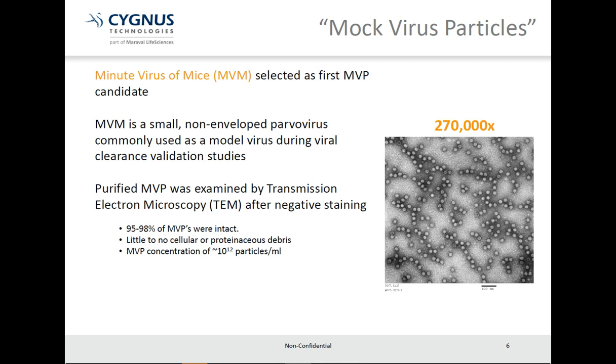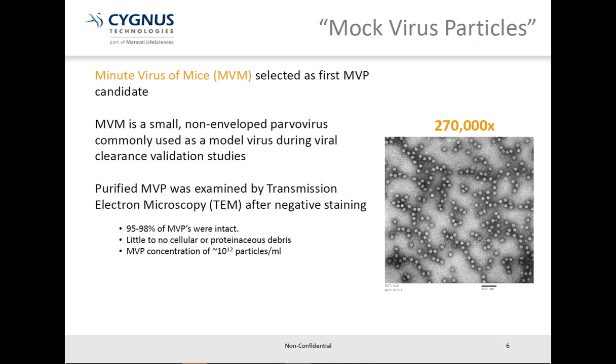The way that we've constructed our mock MVM particle is we took the major capsid protein, the VP2 capsid, and we express that protein recombinantly in a baculovirus Sf9 system. So these Sf9 cells are cranking out the VP2 protein. They self-assemble into what you find here on this image on the bottom right of your screen.